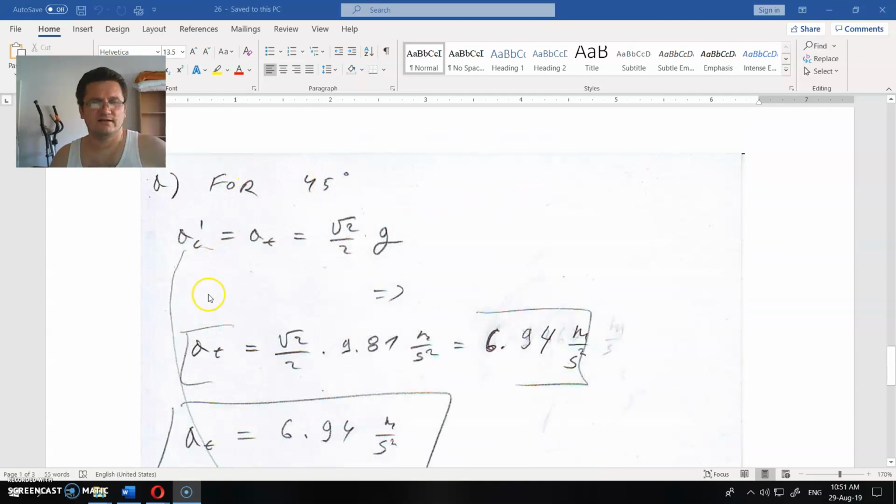This is the answer under A. Tangential acceleration is actually just a projection of the gravitational acceleration in the tangential direction, and that is square root of 2 divided by 2 times 9.81 meters per second squared. That is the number.